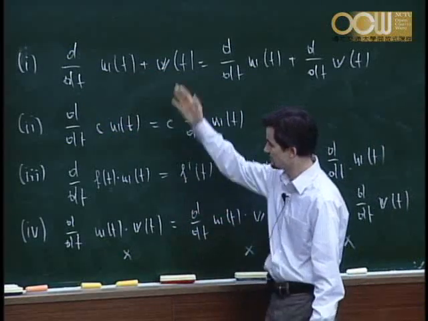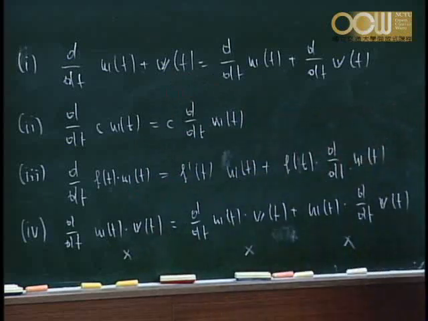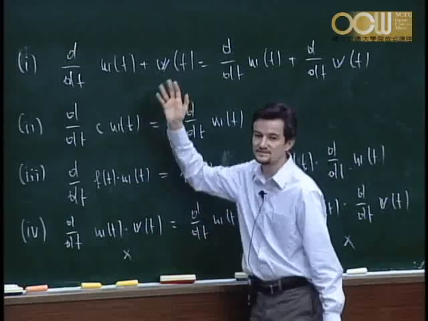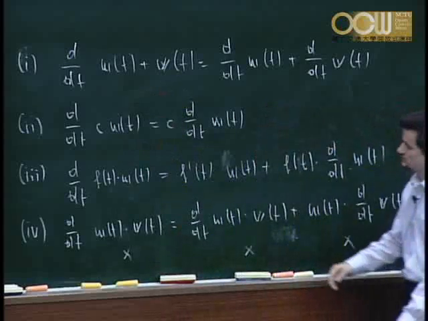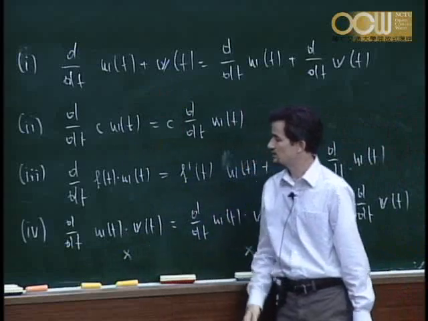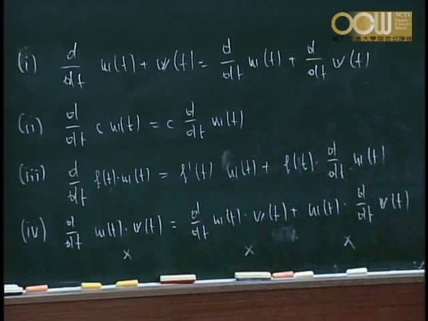Not this one and this one, they are not defined component-wise, but for the other ones, it's immediately clear that those laws should hold. And here you just introduce component functions and verify that the right-hand side and the left-hand side are the same. So this is not complicated.